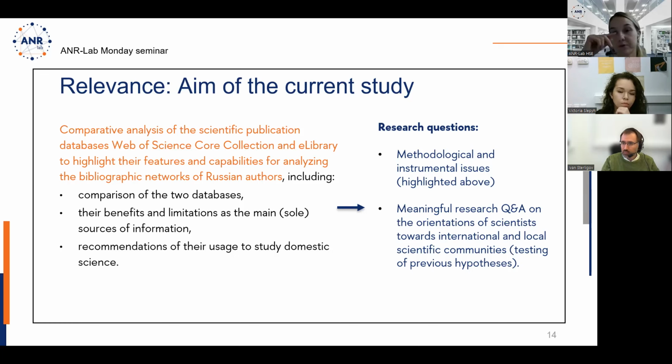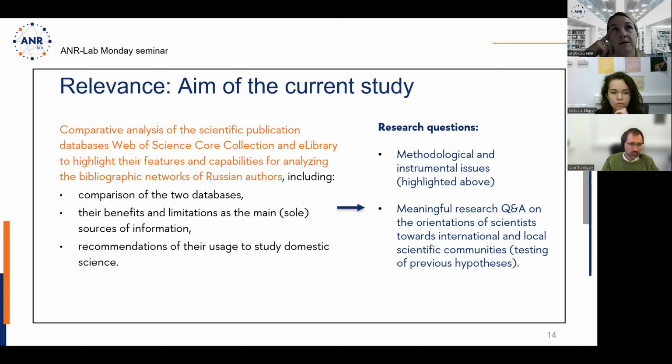There were previous studies, at least in the sphere of sociology, where some hypotheses were formulated. One of them would be the study of Mikhail Sokolov of 2009, I think.